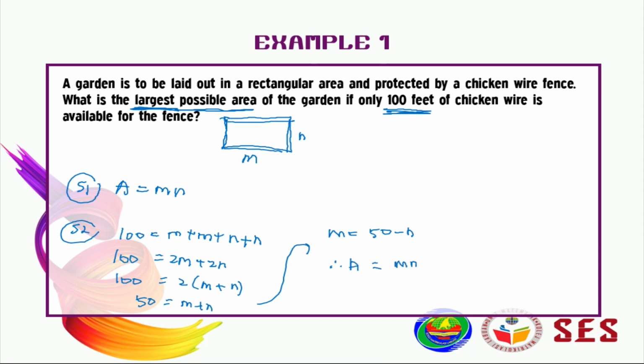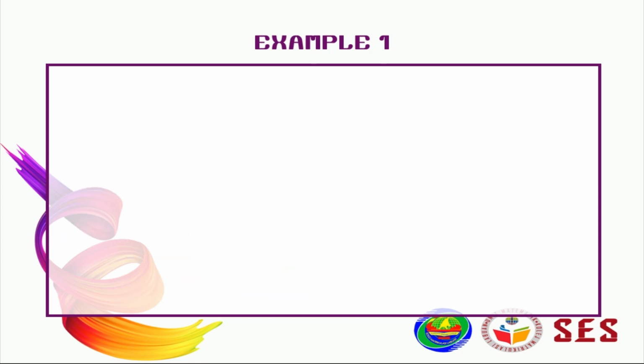So A is equal to mn, so 50 minus n times n is going to be 50n minus n squared. Okay, so for the third step, you need to differentiate your area with respect to n.